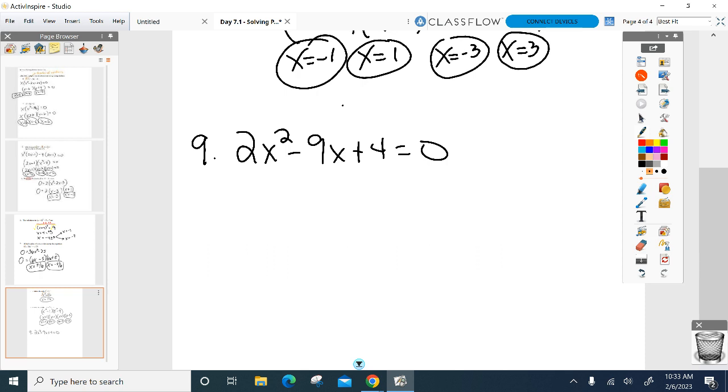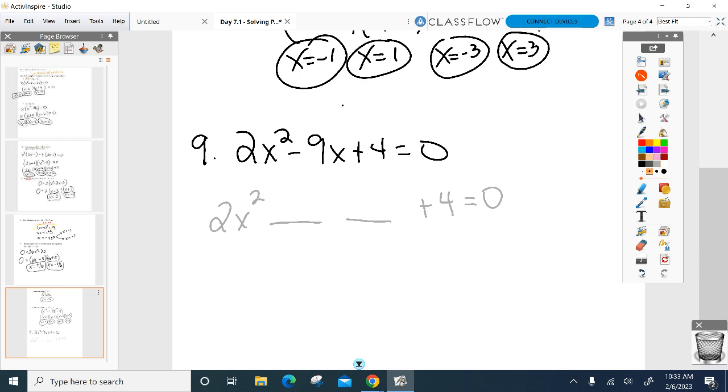So what Nick's starting to do for us is this whole grouping method of factoring. But didn't we say you needed 4 or more terms to group? What we're going to do is take the -9x in the middle and turn it into 2 terms to make 4. We're going to turn 3 terms into 4 right now.